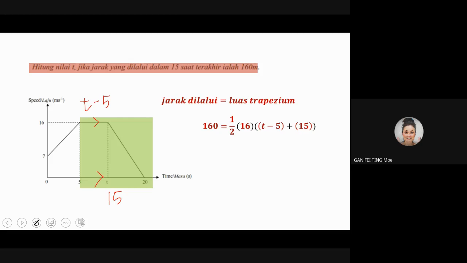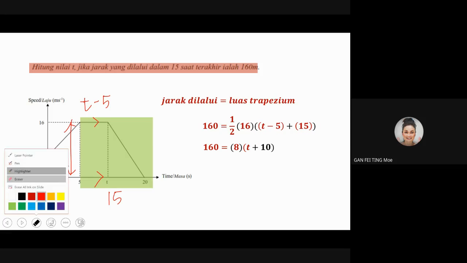So you can see that in this bracket, this is t minus 5 plus 15, the two parallel lines that you add up, and this is the height, which is 16. Then you multiply, then you solve it. Simple. Once you get the formula correct, then the rest will be technical.